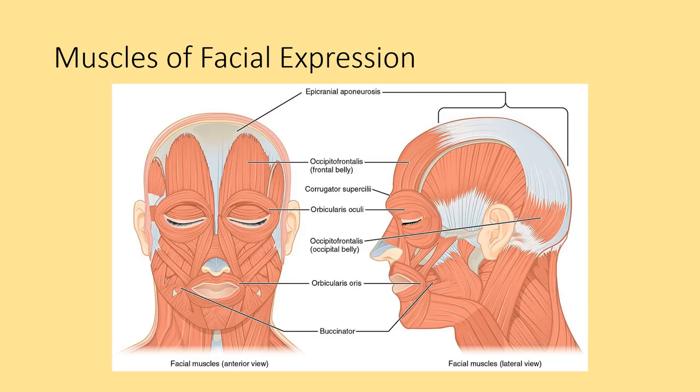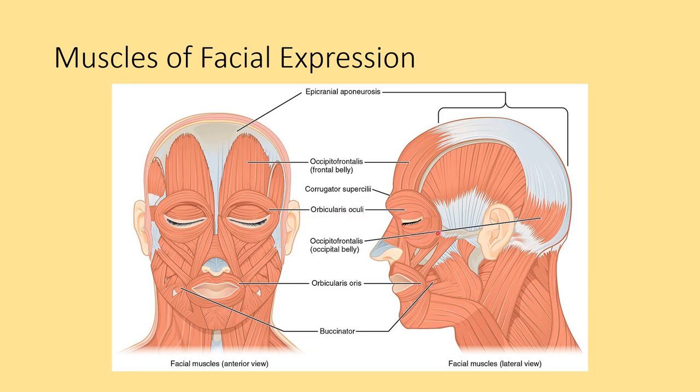You have the occipitofrontalis, which is this large muscle here. You've got the ends that go over the skull. The frontalis belly up here is going to be in the frontal region, and the occipital belly back here in the occipital region. And then around the eyes, orbicularis oculi.